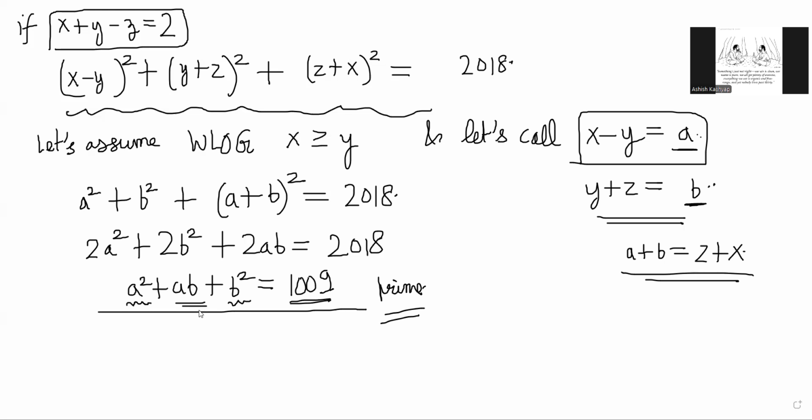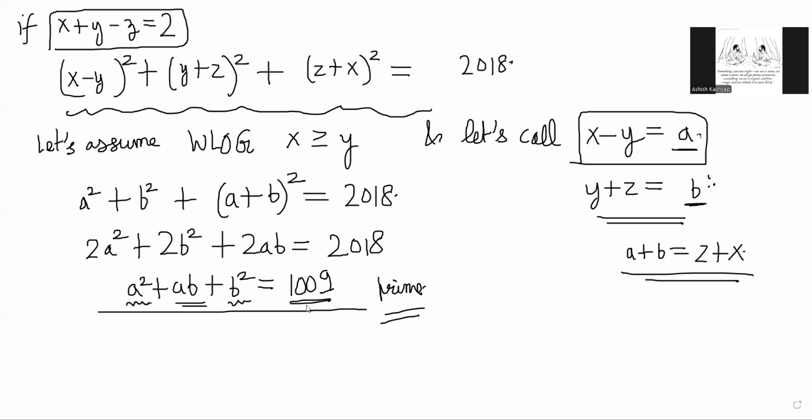We need to get some candidate values for a and b. Only then we can solve it for x, y, and z. They are integers. Sum of squares plus ab should add up to 1009.